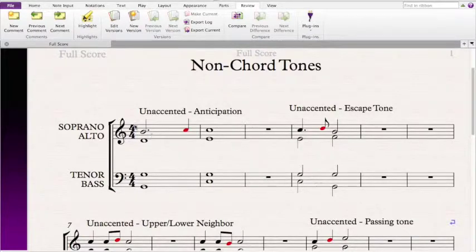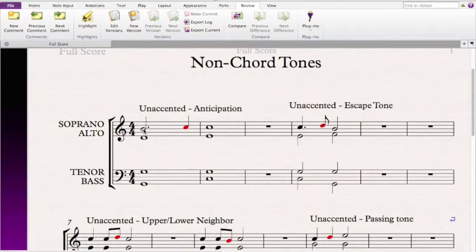So in the soprano line here we have a B and then a C. Now the non-chord tone, which is always marked in red for these examples, is a C. It comes before the actual chord tone is supposed to come, "supposed to" being in quotes. So what ends up happening is the non-chord tone precedes the actual arrival of the chord tone. It anticipates the next chord tone.